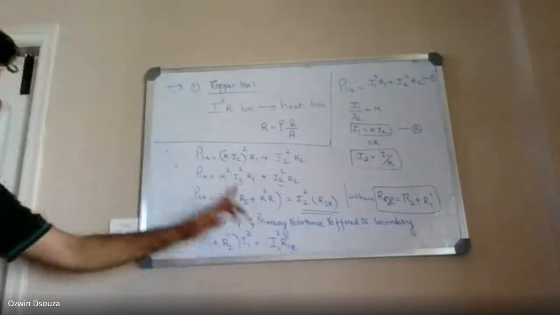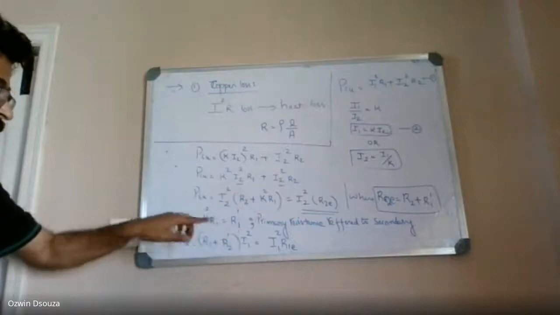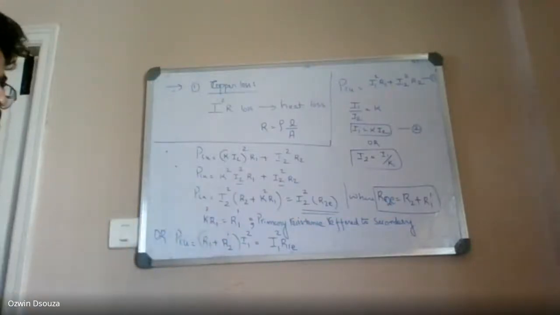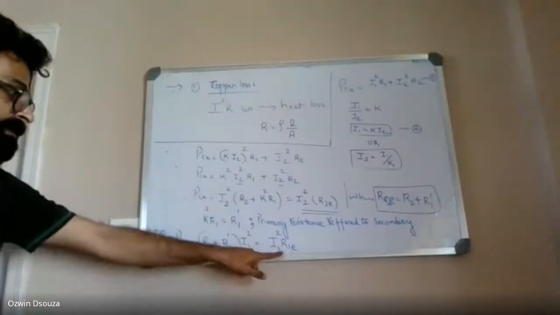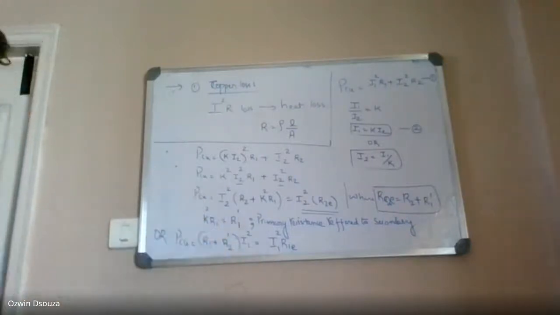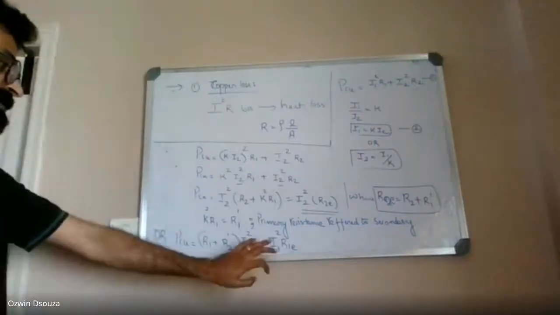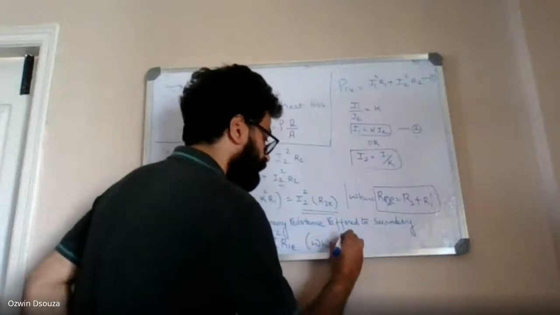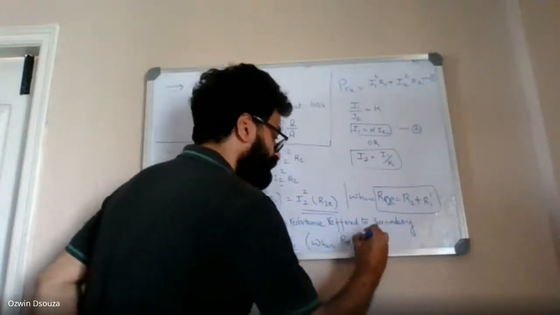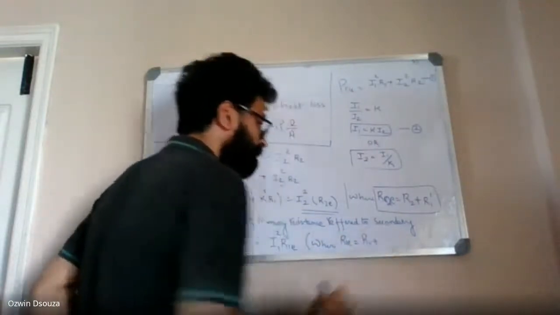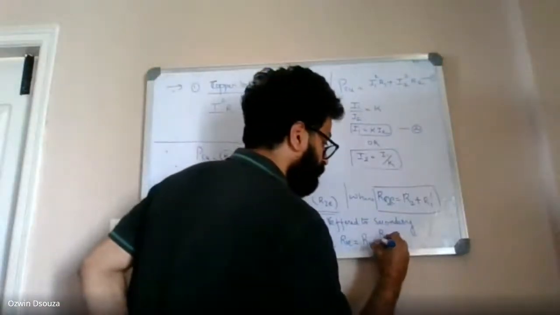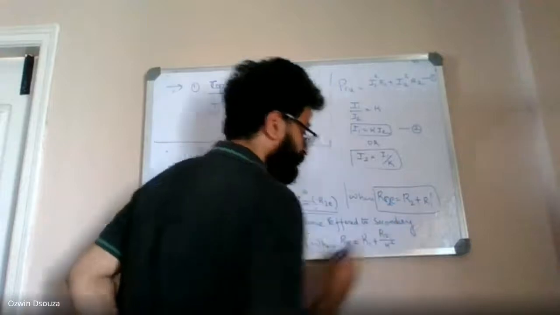This is the reason I did not take K square into R1 as R1E, so that this term doesn't collide with R1 dash. So you can take the copper loss referred to primary as I1 square into R1E, where R1E is R1 plus R2 divided by K square.